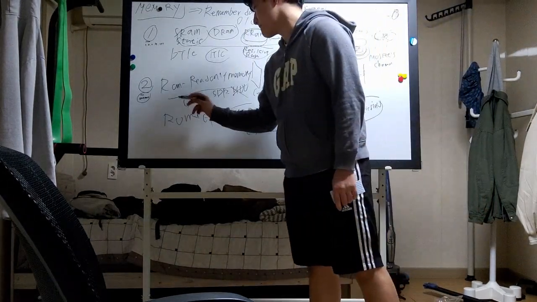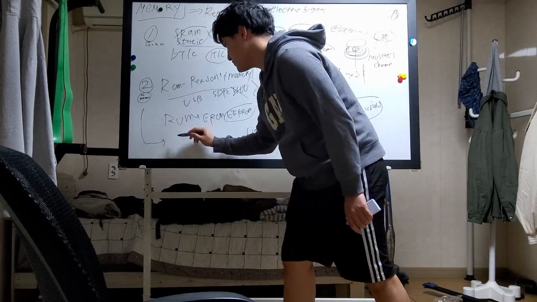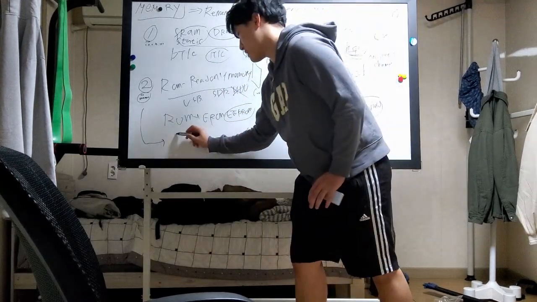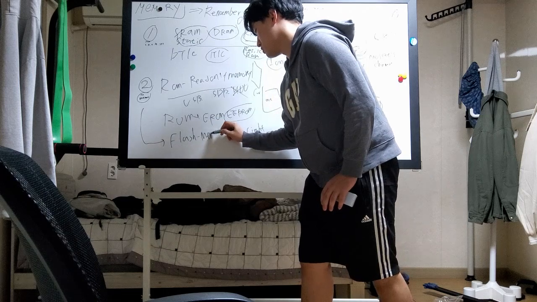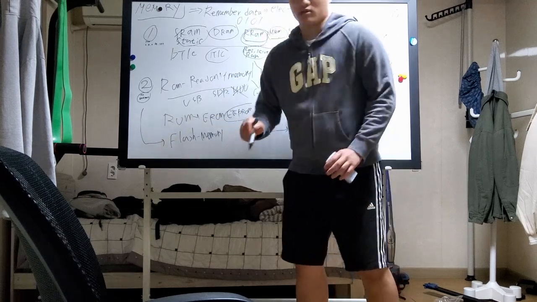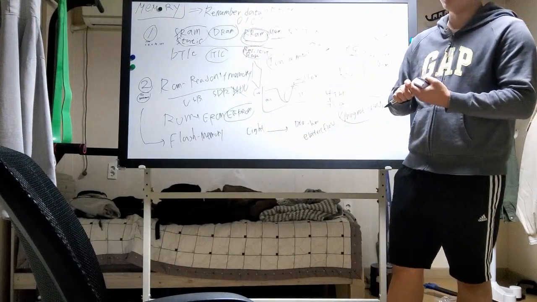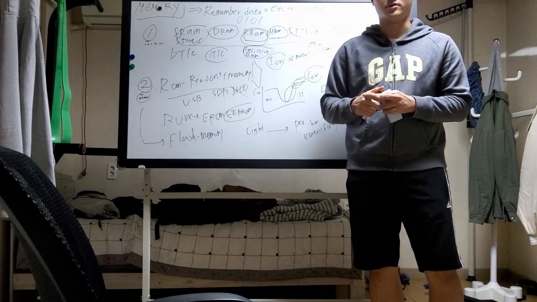So anyway, for ROM, there are two typical models. First, the flash memory. Flash memory stores data for about 1 year, from 1 year to 10 or 20 years.